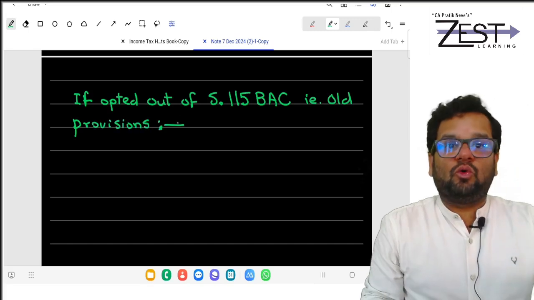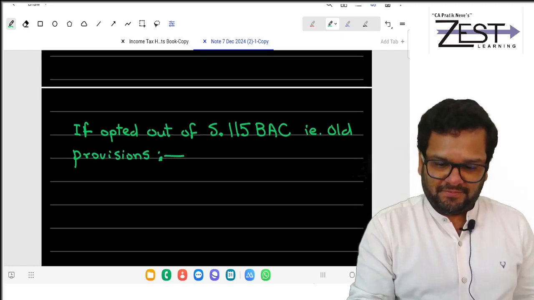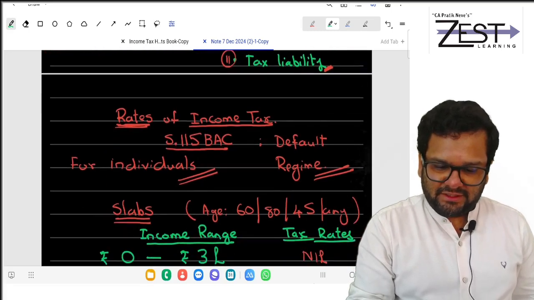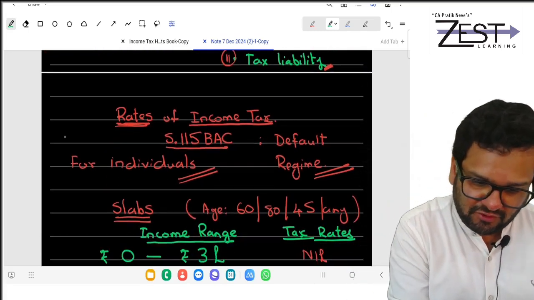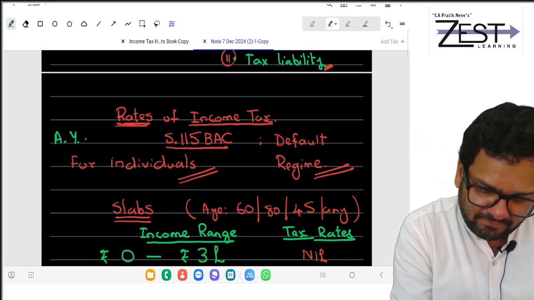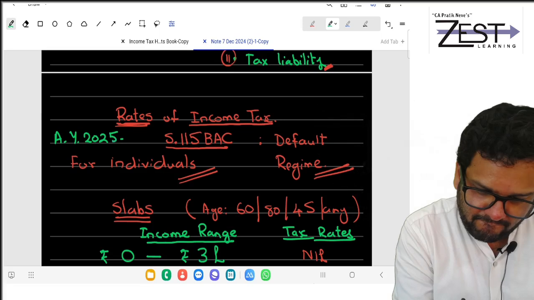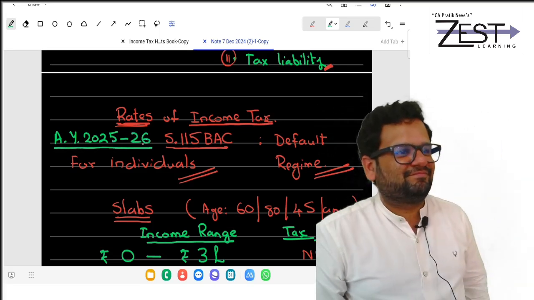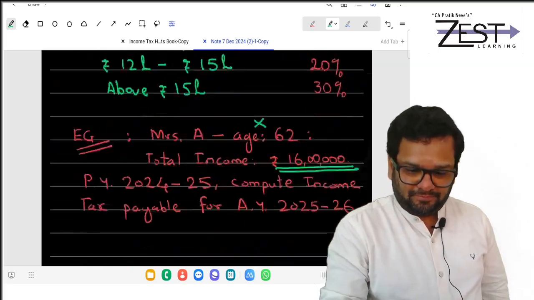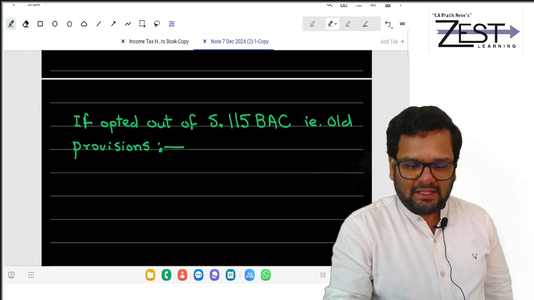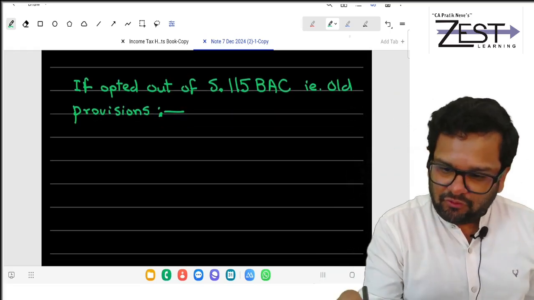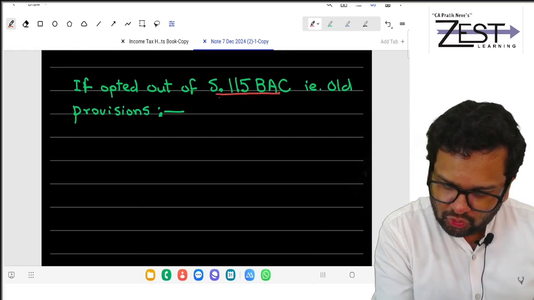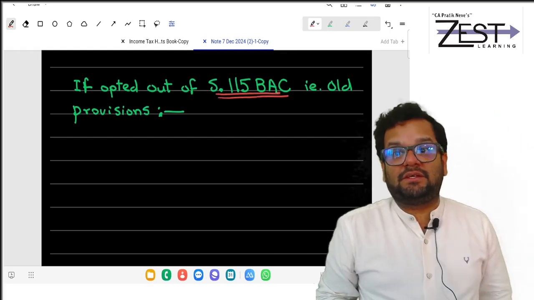So may I tell you now old provisions? Did you write here that these are rates of income tax as per 115 BAC for AY 25-26? That's important. No? Okay. So what are the rates of tax if opted out of section 115 BAC?